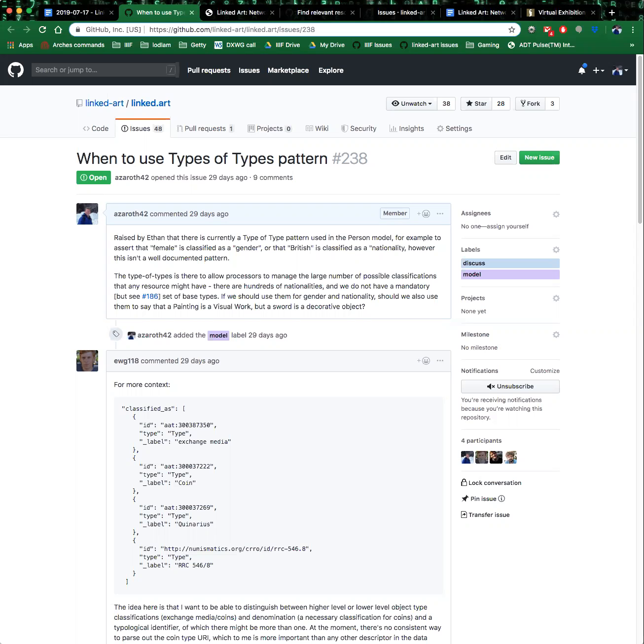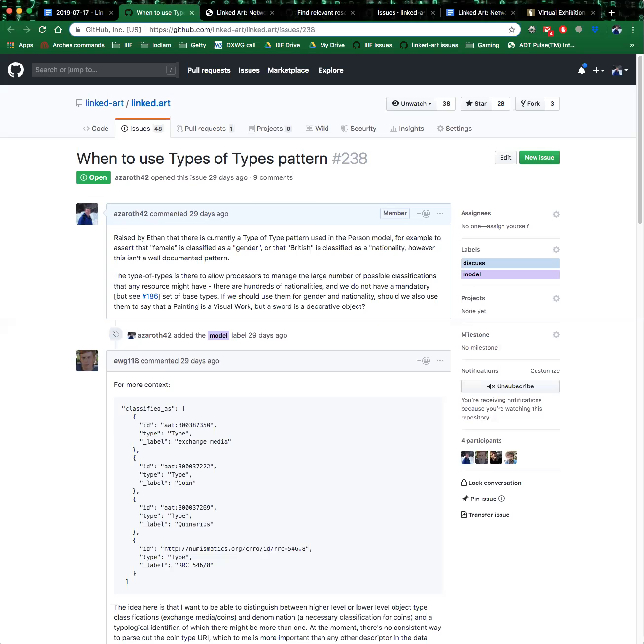If it was just male, female, then okay, that you can encode. But given the plurality of genders, having this type as a gender is super helpful, and so on.